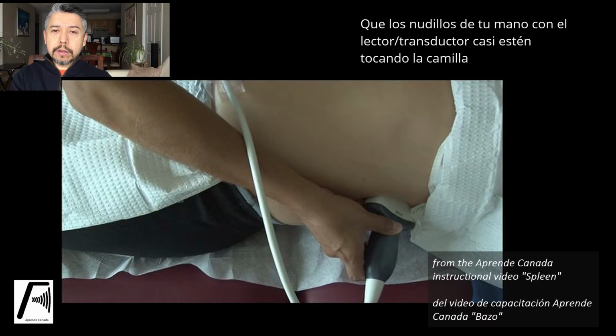Basically you're drawing a line to the left flank posterior aspect, so the knuckles of your scanning hand will almost be touching the patient's stretcher. So again, that's the window for the spleen.